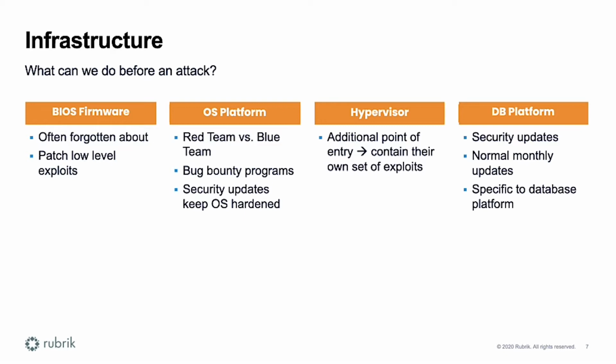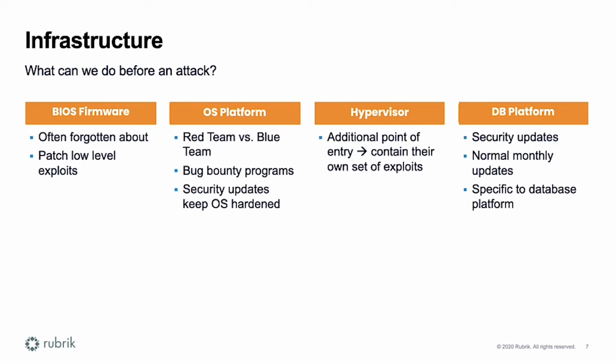So you have to stay on top of that. You have to be on their websites, constantly checking to make sure that you have the latest version with the latest security updates. These firmware and BIOS updates always patch low-level exploits that hackers like to use to get in and exploit and then do bad things to your underlying environment.